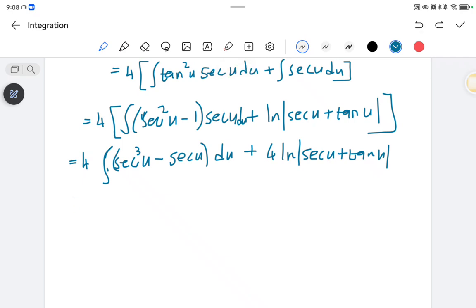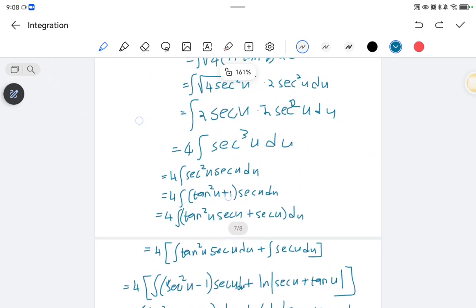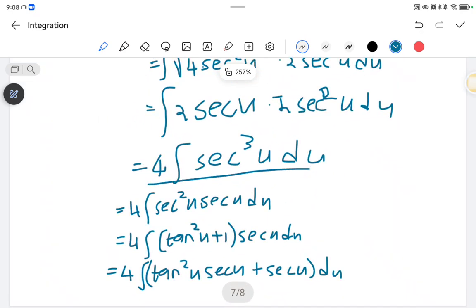So now here I'm going to separate this. Don't forget we're integrating sec cubed u right now.